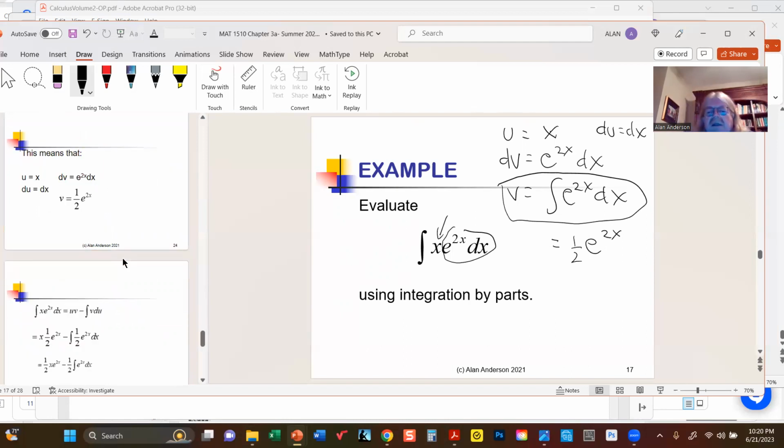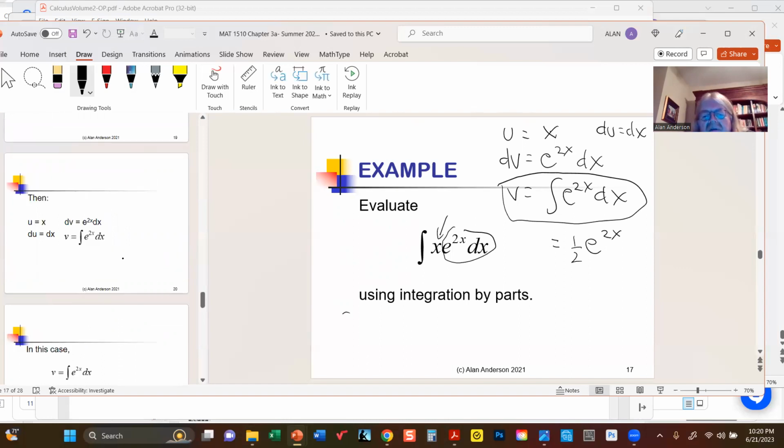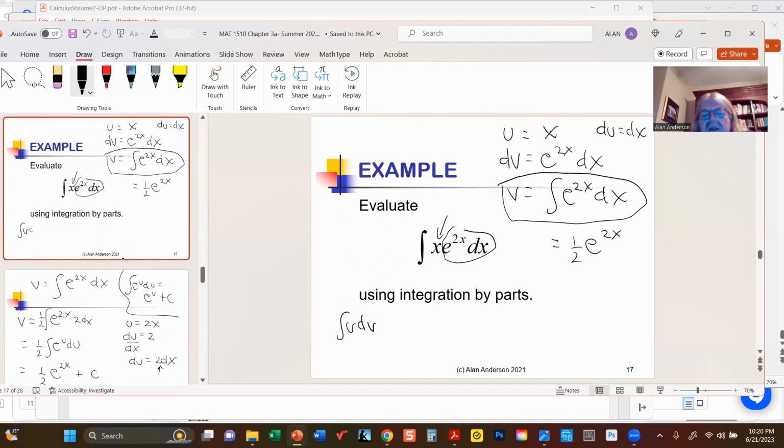All right. So remember, integral u dv is uv minus integral v du. All right, so I'll have to move that onto the next slide.